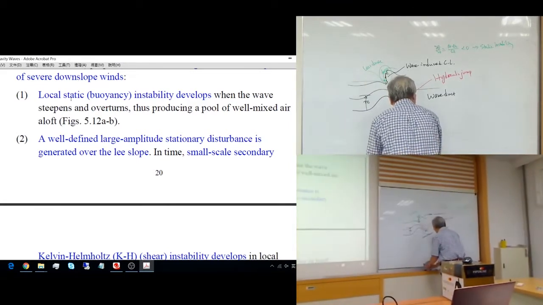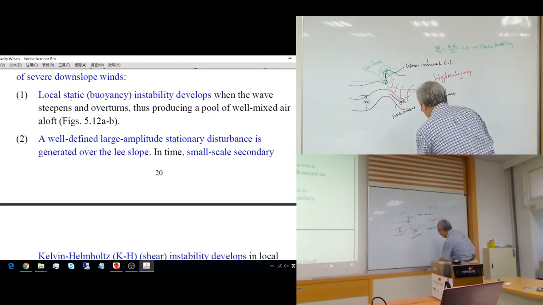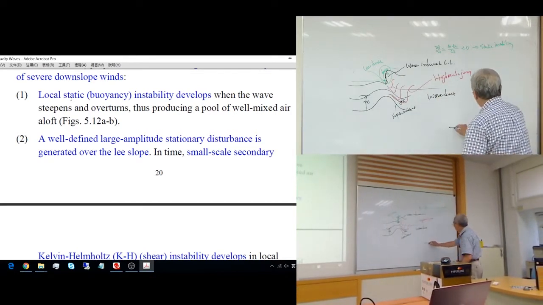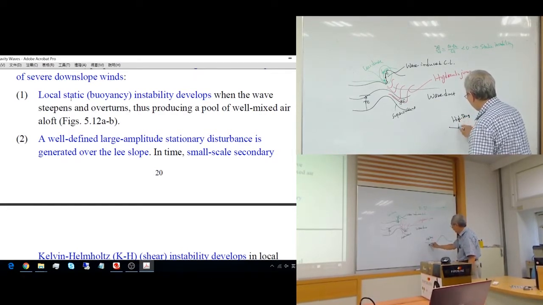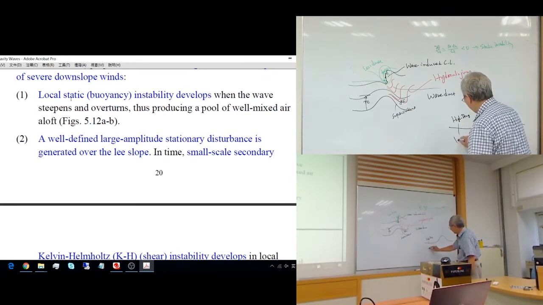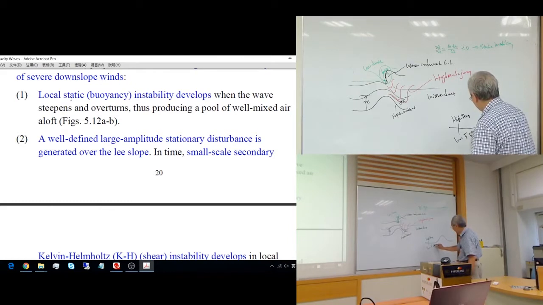Maybe let me redraw here. So we have a mountain, and because we have high drag flow, normally it's under low Froude number flow.